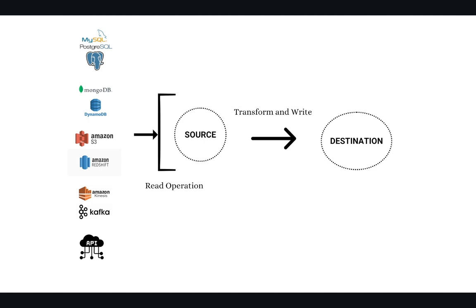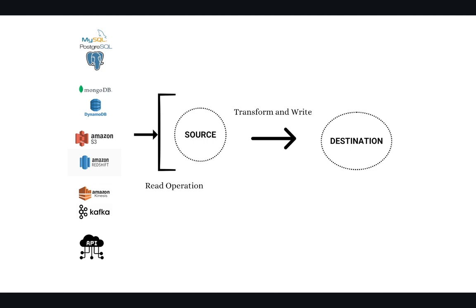RDS lets you spin up all possible relational databases such as MySQL, PostgreSQL, SQL Server, Oracle DB, which is a managed service offering. Now, a managed service means you set up the servers with the required software or installations, and AWS takes care of the ongoing maintenance, scaling, and management for you.